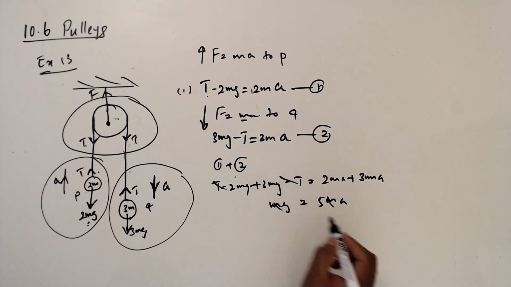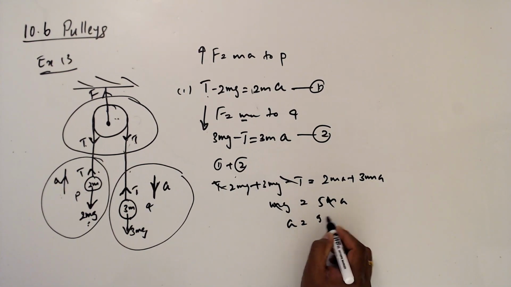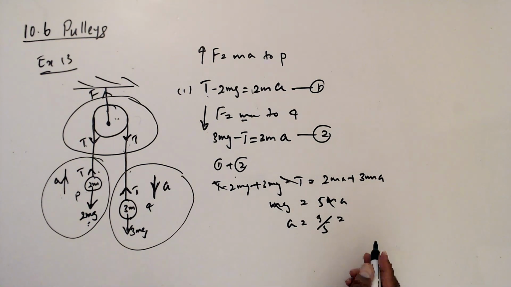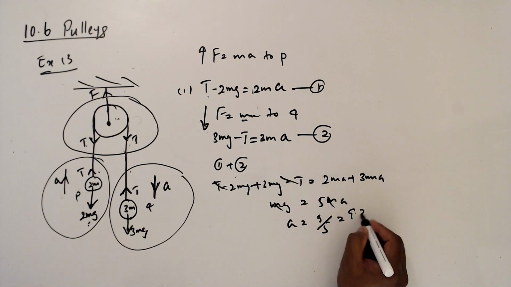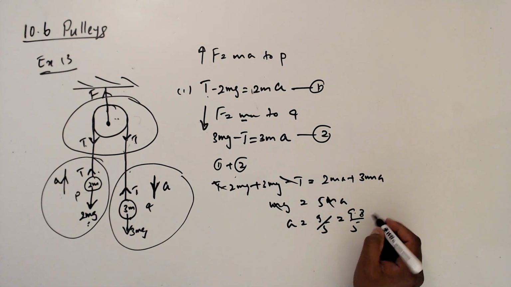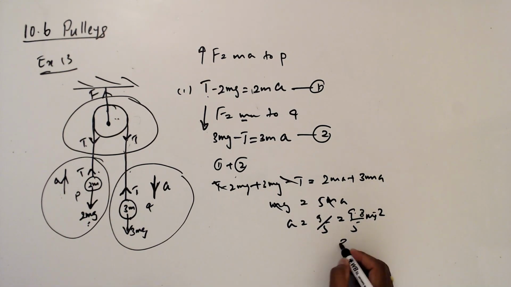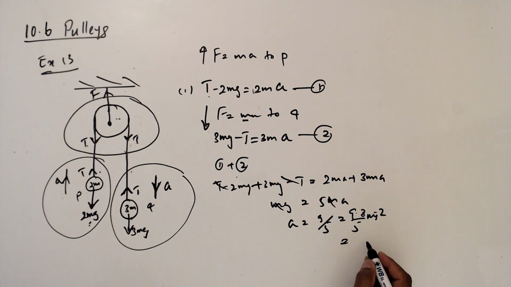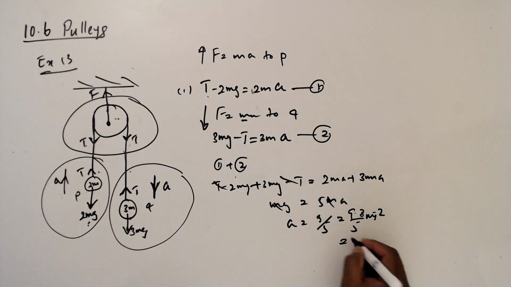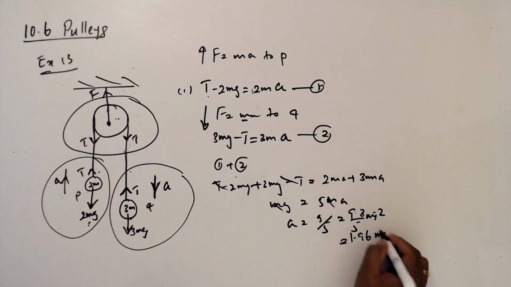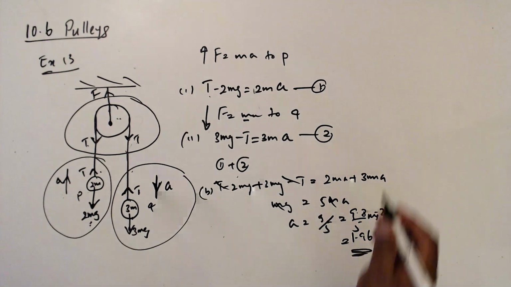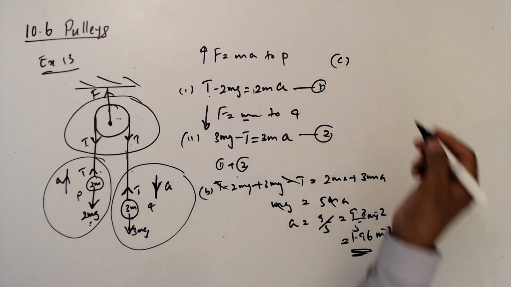So m and m cancel out. a equals g divided by 5. So with g as 9.8, this value is approximately 1.96 m/s squared.